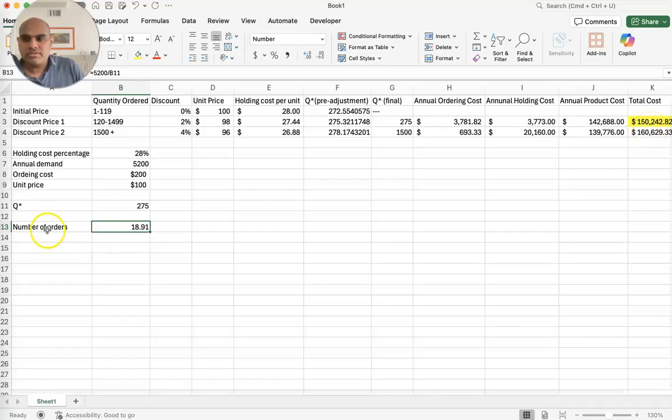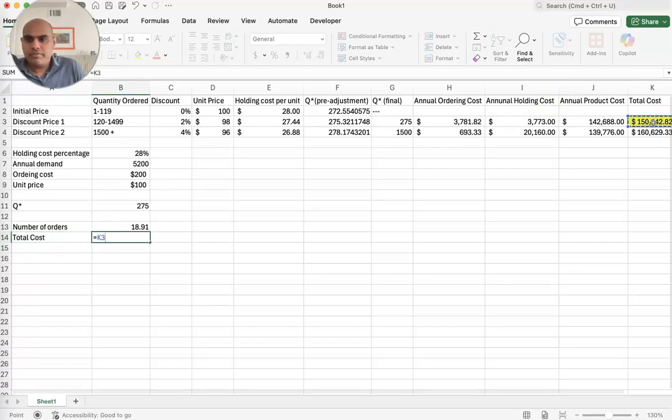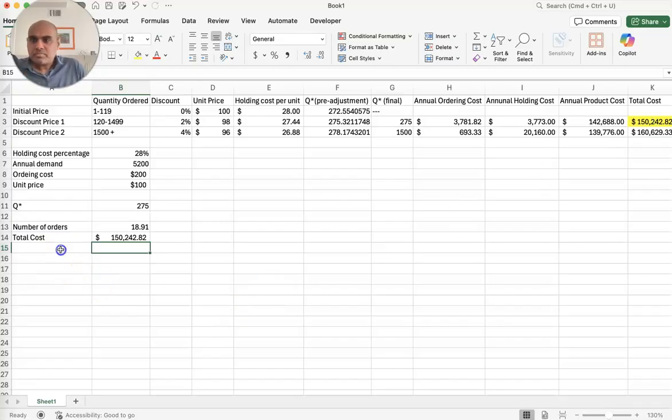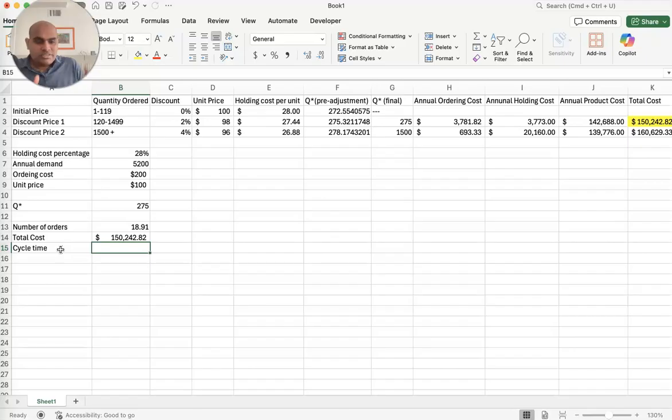We know what the total cost is, right? So total cost is right there, 150. We calculated the total cost. And then the number of cycles in a year, the cycle time. Cycle time is the time between orders.